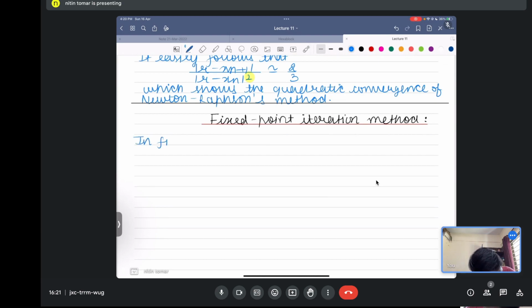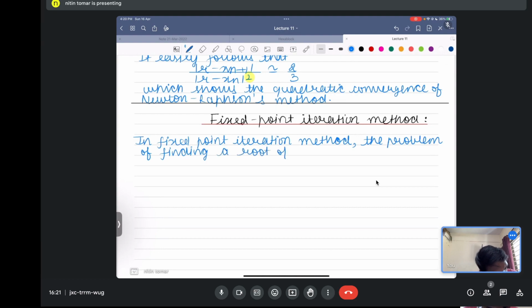So in the fixed point iteration method, the problem of finding a root of a non-linear equation f(x) equal to 0 is equivalent to finding a fixed point.